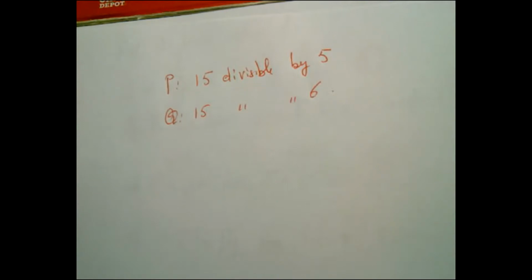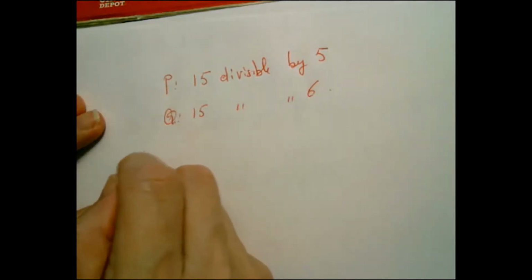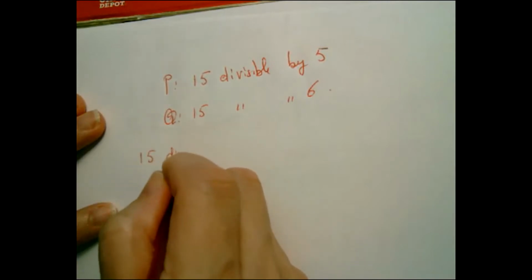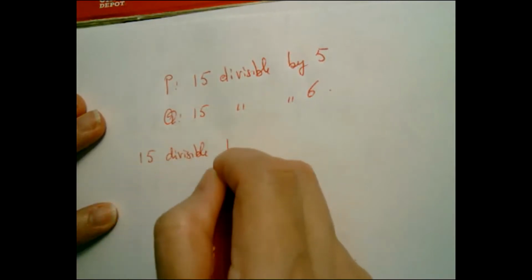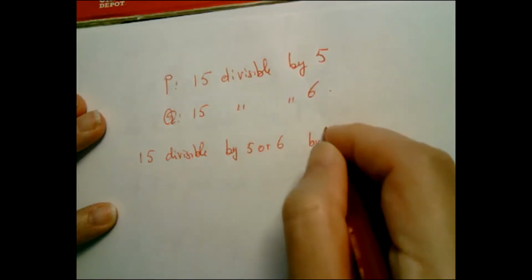And I ask you to write me the following statement using the logical connectives. So suppose I tell you: 15 is divisible by 5 or 6, but not divisible by both.